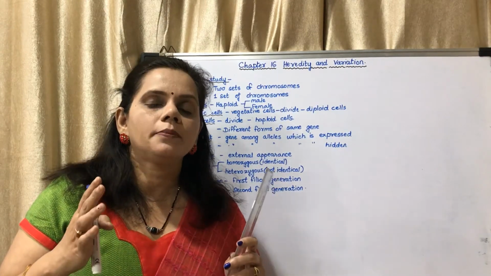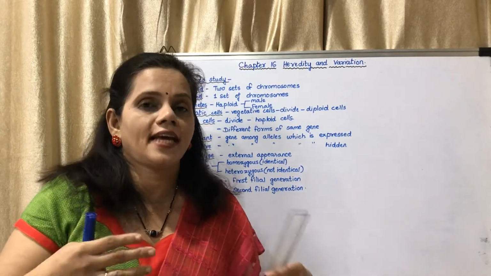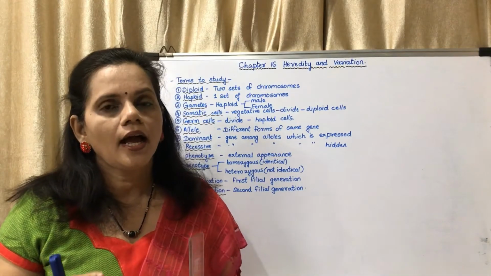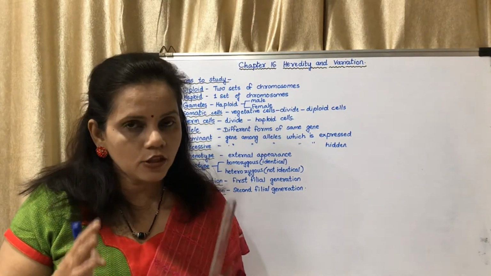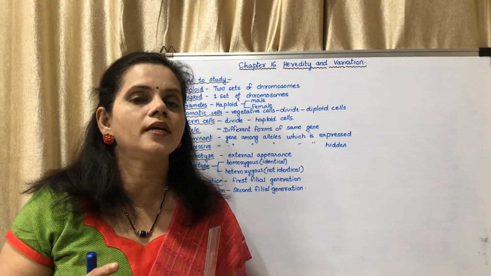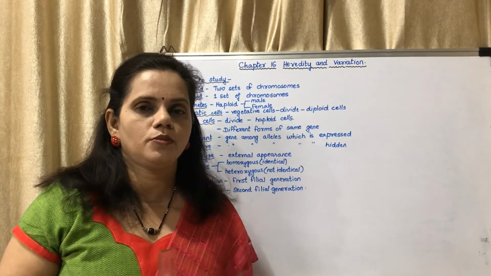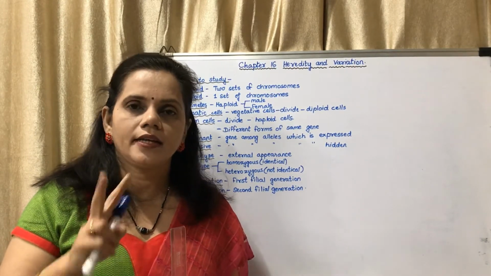So the gene which is always expressing itself is said to be dominant, and the other gene which is just hiding, which is not expressing itself, is said to be recessive. Now, of the two chromosomes we have, that means chromosome number 1, there are two.